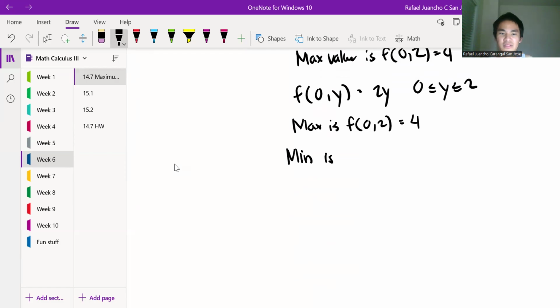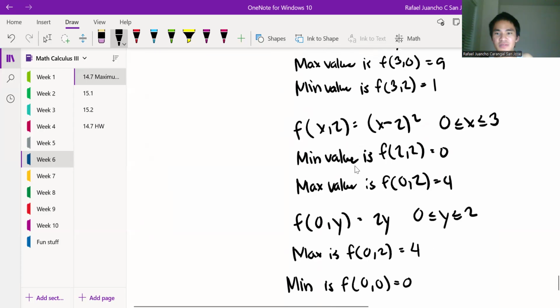So we really just check all of the combinations here. That's what makes it tedious. The minimum in this case is f of 0, 0, which is equal to f of 2, 2. F of 2, 2 is also 0.